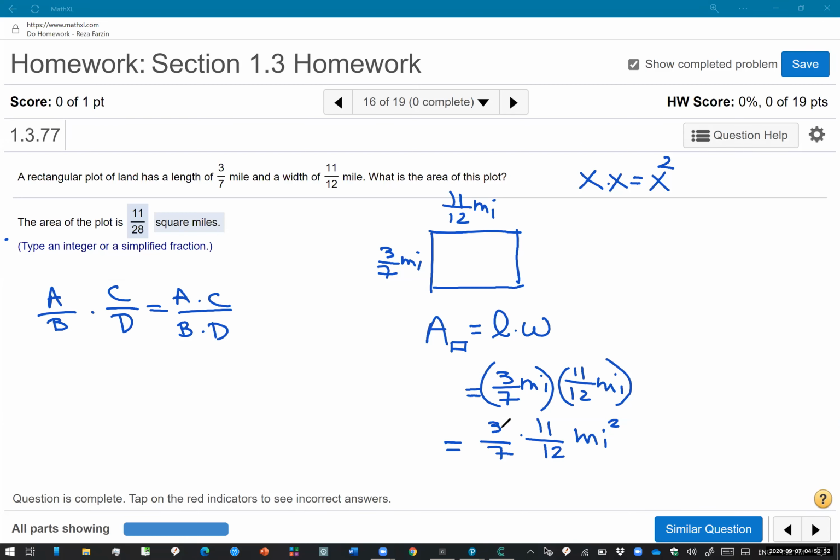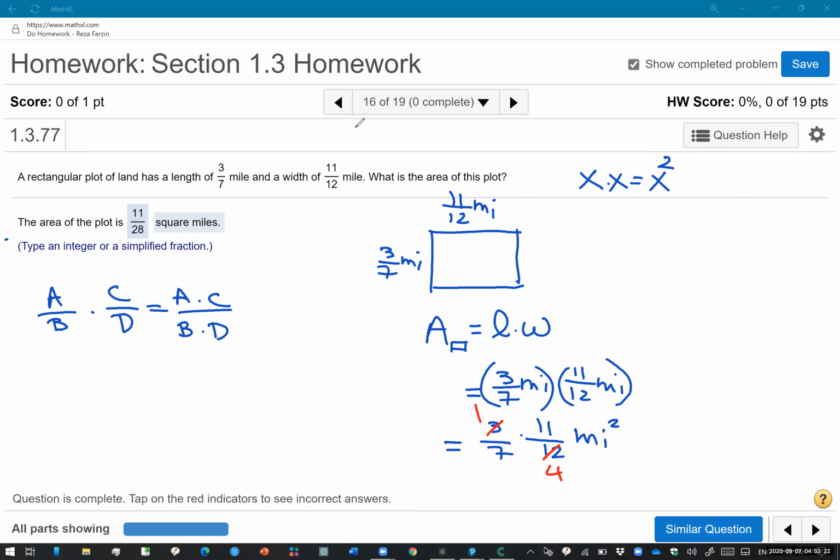Change the 3 to a 1 and the 12 to a 4. Exactly. In other words, 3 goes into itself once and it goes into 12 4 times. What is that process called? It's a form of simplifying, but specifically it's called cross canceling, right?